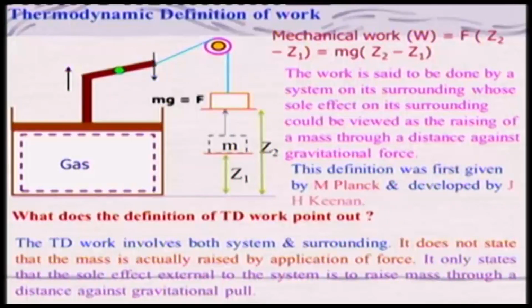You can take this as an imagination and then get the work done for all systems, including the PDV work. In other words, for non-PDV work, this definition can work.